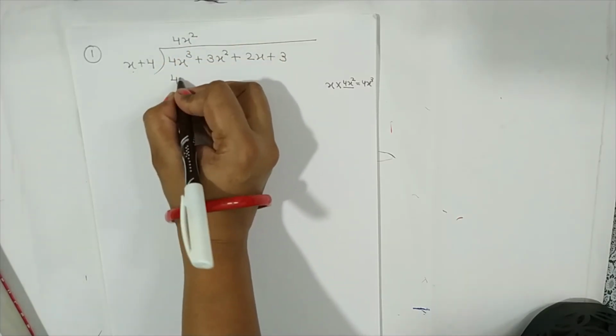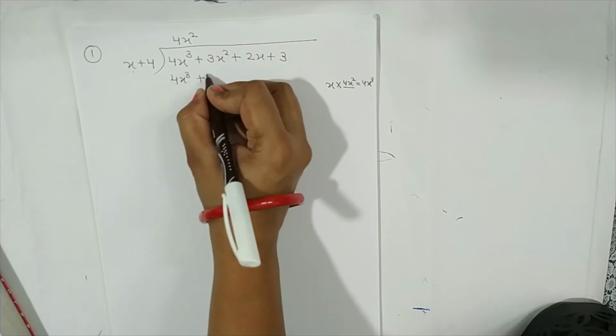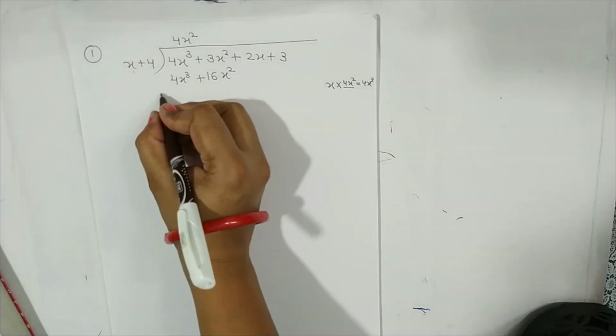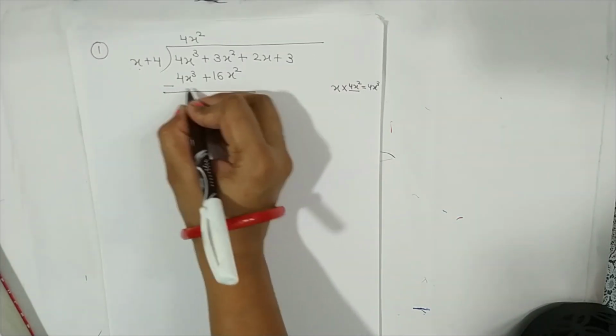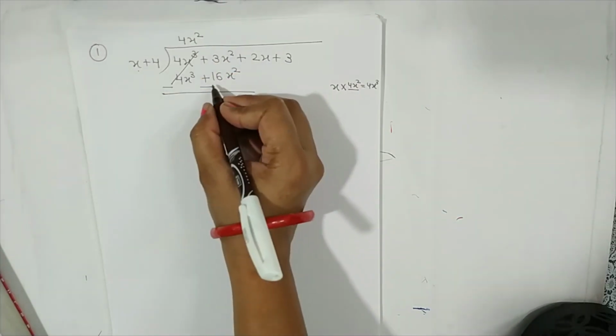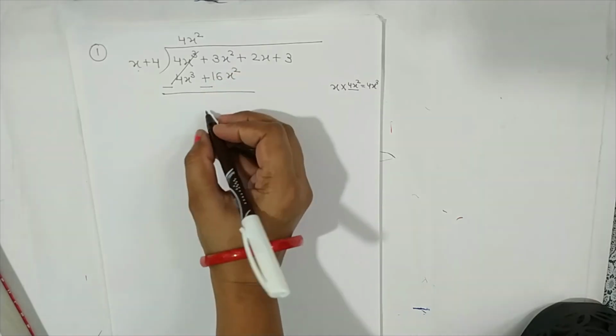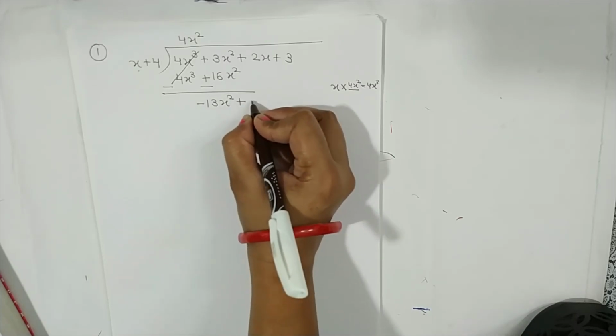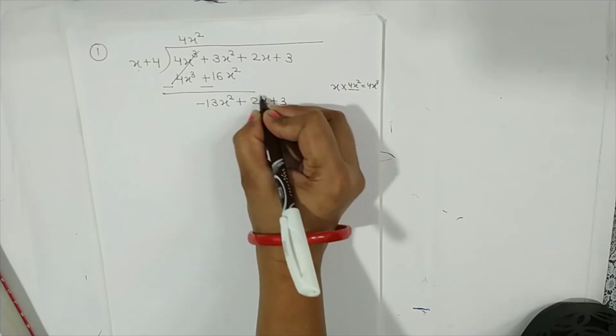So it will be 4x cube plus 16x square. Then subtract, so minus and minus will cancel. Then minus 16 plus 3 will be minus 13x square plus 2x plus 3.